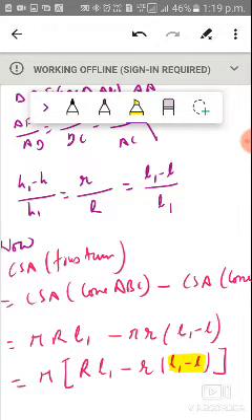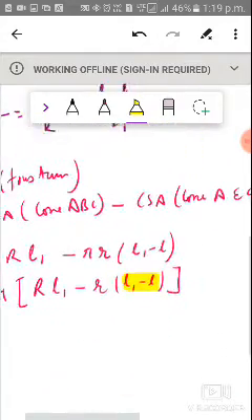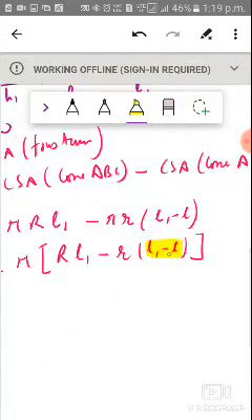Or what we can do, see, because we are going to find the CSA of frustum, and the frustum has its slant height as L, so we can have L here, but in place of L1 we have to put the values.